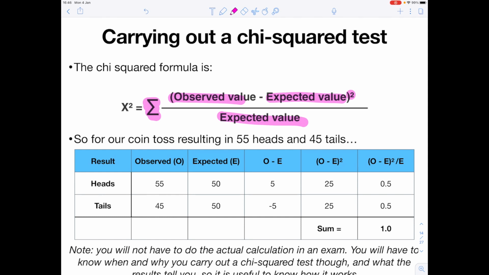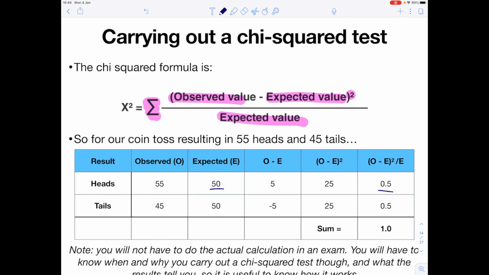So going back to our flipping a coin example, we know from the information on the previous slide that the observed number of heads was 55. The expected number was 50. So if we do observed value minus expected value, we get a value of 5. If we square that, we get a value of 25. And then if we do that number divided by expected value, which remember was 50, we get 0.5 as our answer.